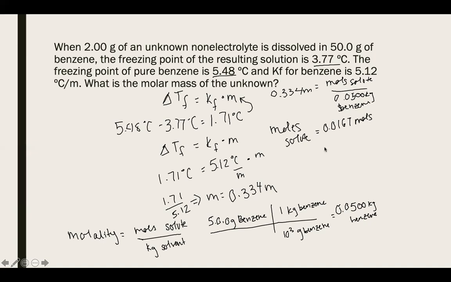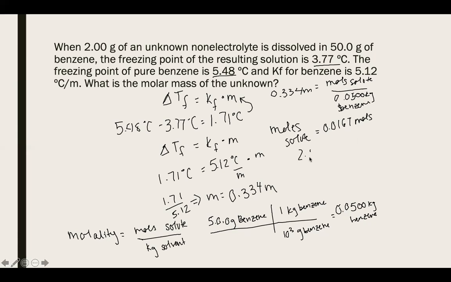So we're so close to being done now. We're trying to figure out the molar mass of our unknown electrolyte, and we have our number of moles of our unknown electrolyte. Because molar mass is equal to grams over mole, we can do the mass of our unknown electrolyte divided by the number of moles of our unknown electrolyte.